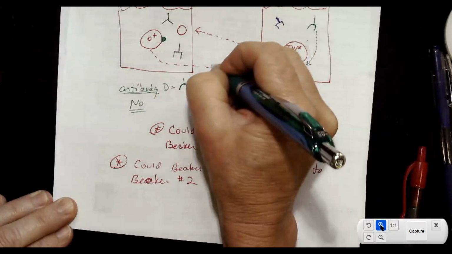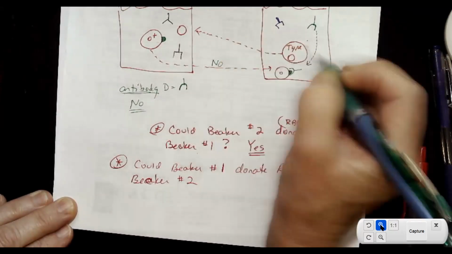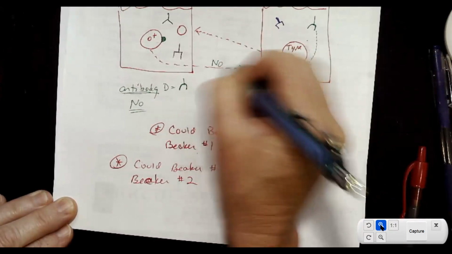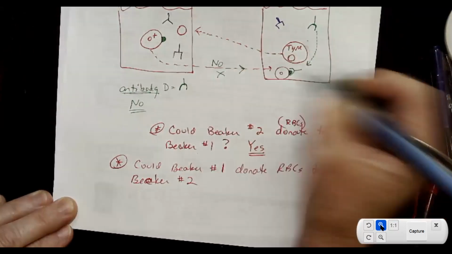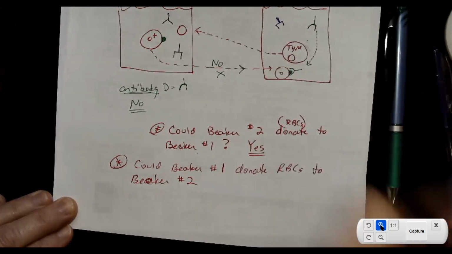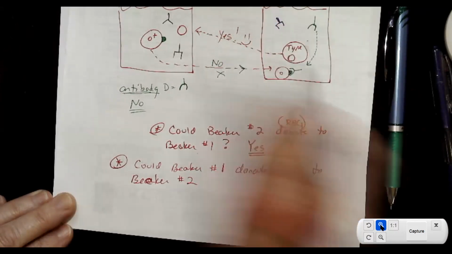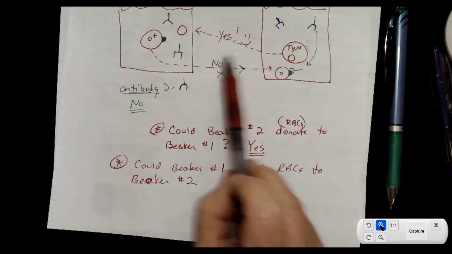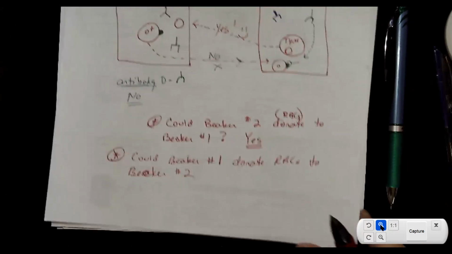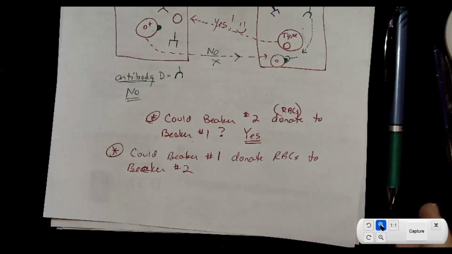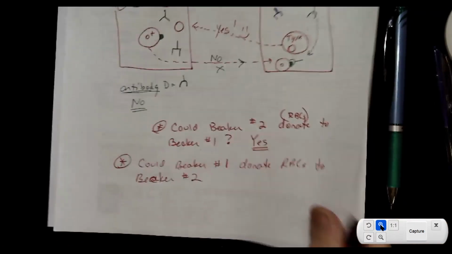So therefore, no, you cannot go this way, because you would have clumping. This way, yes. Everybody's happy. Now remember, we're talking about the red blood cells, not the plasma. So hopefully that makes sense, all right?